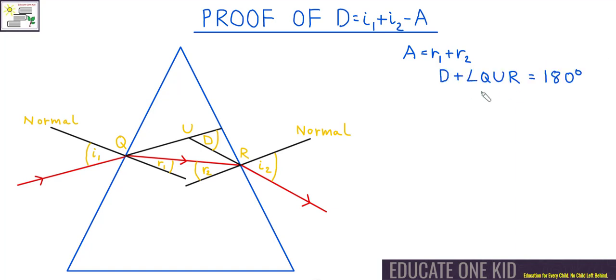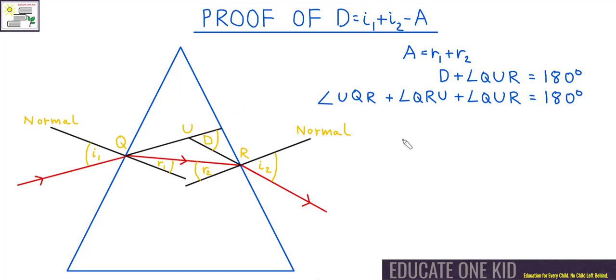So the first thing to note is that angle D plus angle QUR, which is this angle here, if we add those angles, we get 180 degrees, because this is a straight line here.